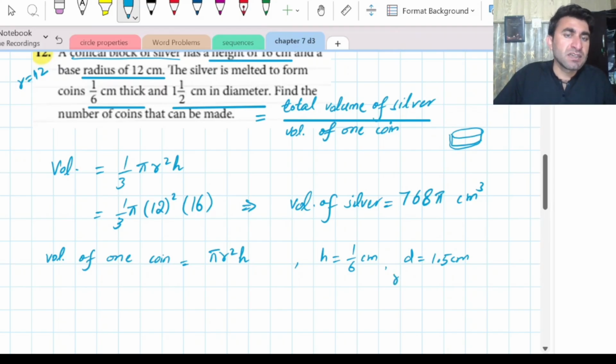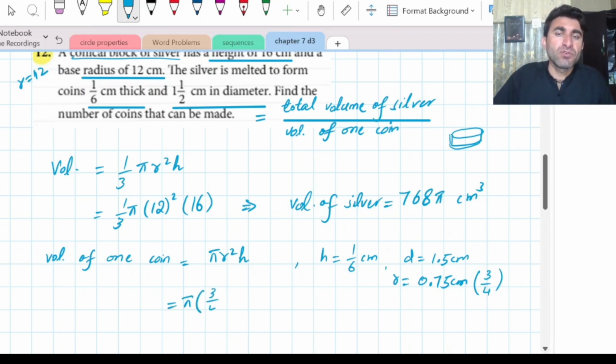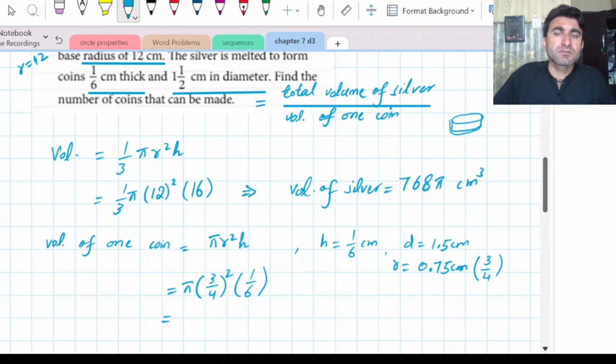But we need the radius, and that will be half of 1.5, 0.75 centimeter, or we can write it as 3/4 centimeter as well. So now replace the values over here: π times (3/4)², and the height is 1/6, which is the thickness of the coin. And now we find the value with the help of a calculator. That will be the volume of one coin, and it is 3π/32 cm³.